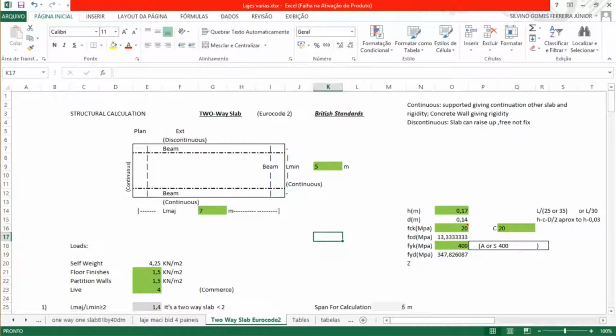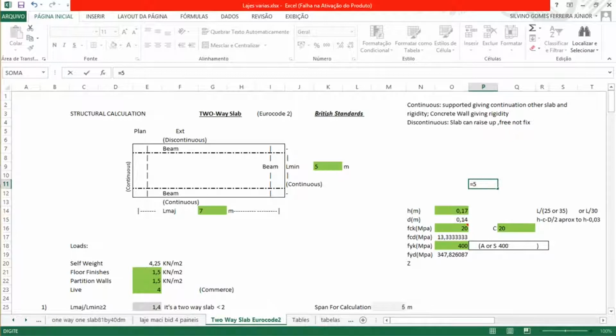So this reinforced concrete slab will have a minor side of 5 meters and a major side of 7 meters. The total depth: I like to use this little rule, span divided by 25 or 35, so I'll go by 30 in the middle.